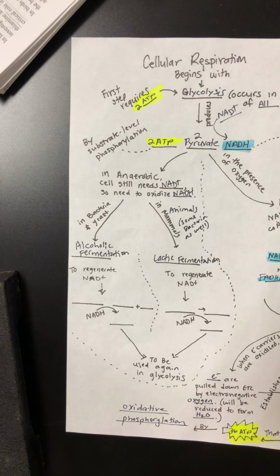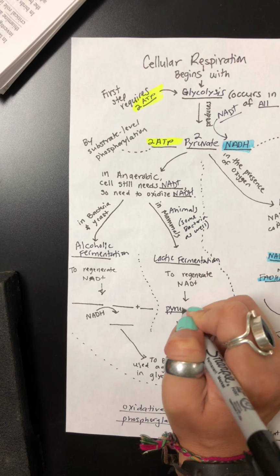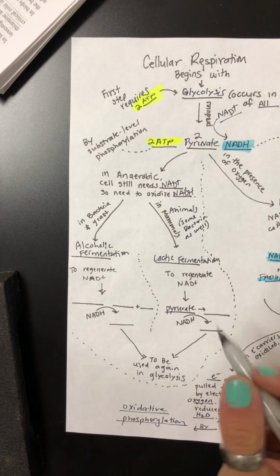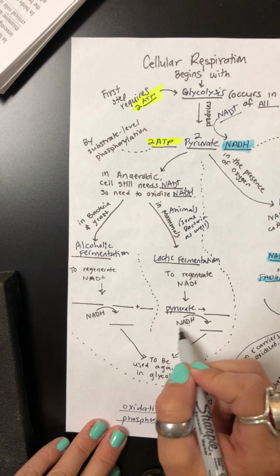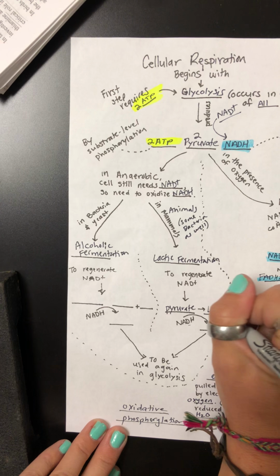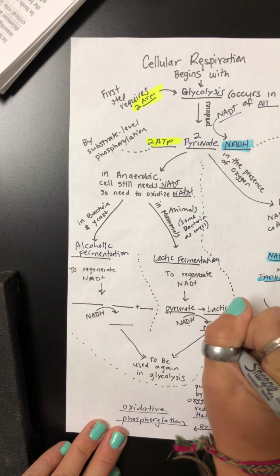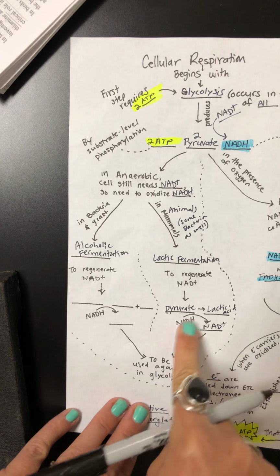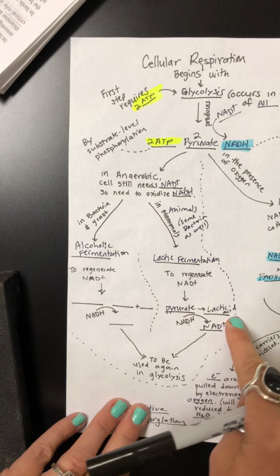So what we can do is we can take that pyruvate or pyruvic acid and we can actually reduce it. So we will take the electrons off of NADH, the electrons and the hydrogens, and we will actually add them to pyruvate, forming lactic acid. And so when we oxidize this electron carrier to NAD plus, we change pyruvate into lactic acid.